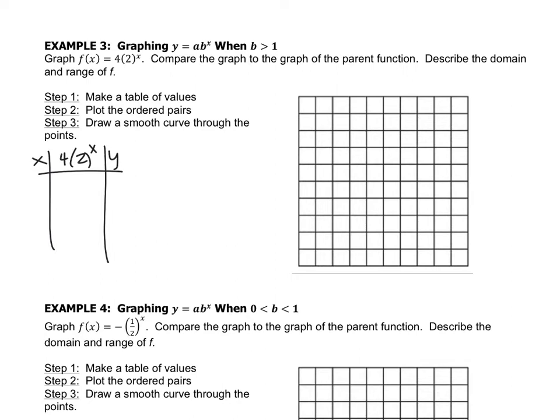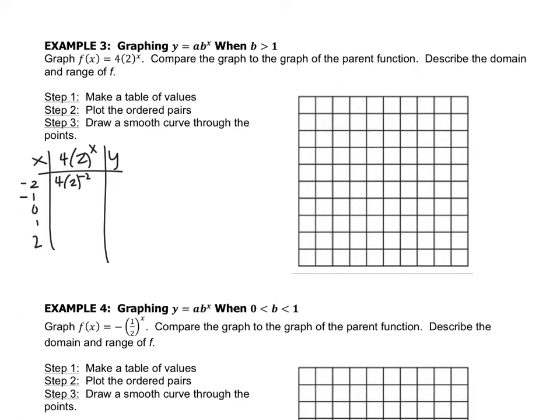So when you pick the points, you should pick a positive, a negative, and 0. So I'm going to do -2 to 2. That's my suggested range for you, unless you for some reason feel like there should be another range. Negatives, positives, and 0. So now I have 4 times 2 to the -2. Calculator powered up.